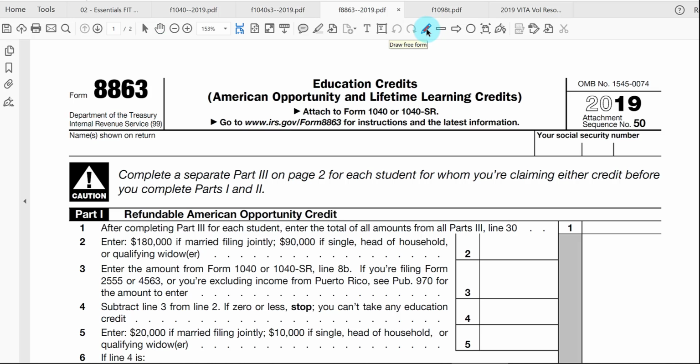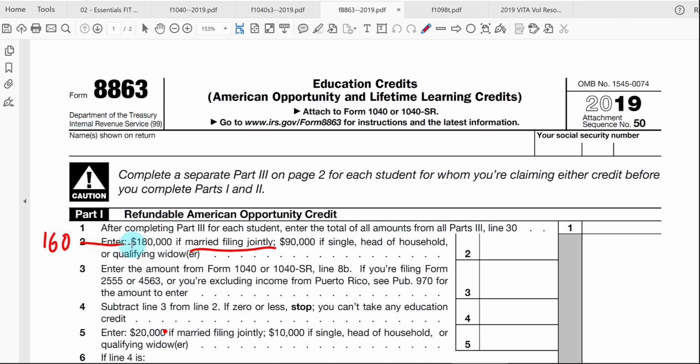So if you're married filing joint and your income falls within, taking this 20,000 into account, 160,000 through 180,000, that's the so-called phase out range.